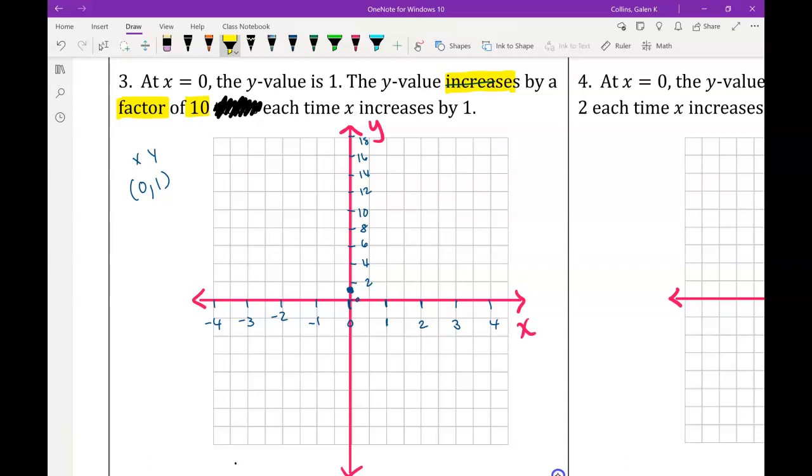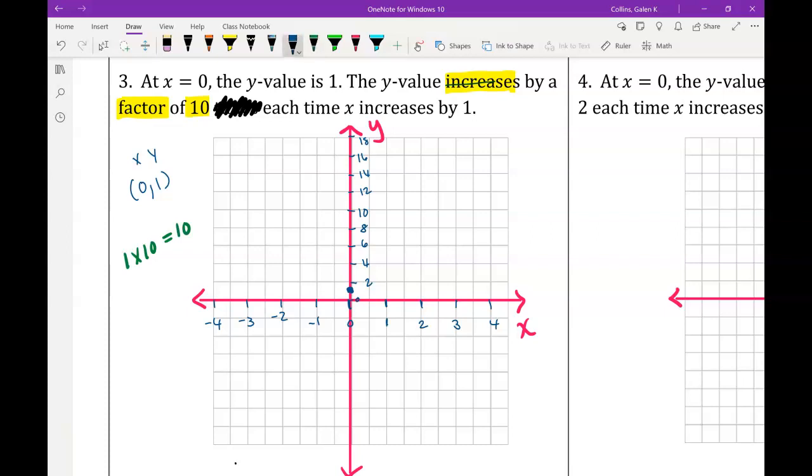So again, I'm looking for those words that tell me if I'm multiplying, if I'm adding, and the word factor, a factor is a number by which we multiply. So if I start at 1, my first y value is 1, and I multiply by 10, I get 10.